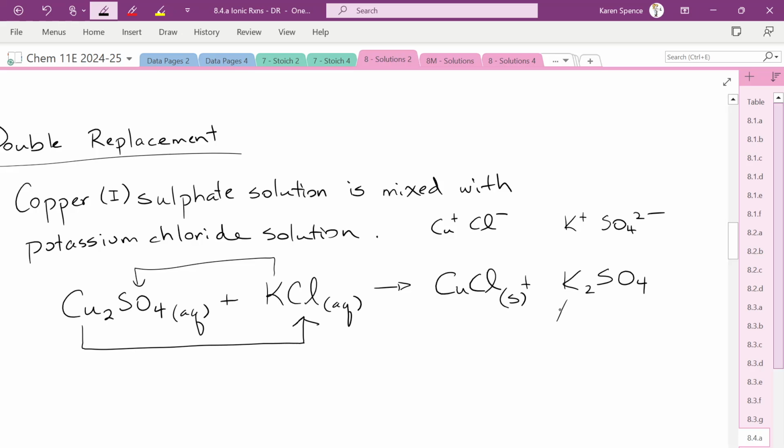Potassium is an alkali, and all alkali salts are soluble. Balance this one. We've got 2 coppers, which gives us 2 chloride, which means we need 2 Ks, and we've got 1 SO4, so everything is good. That is our formula equation.